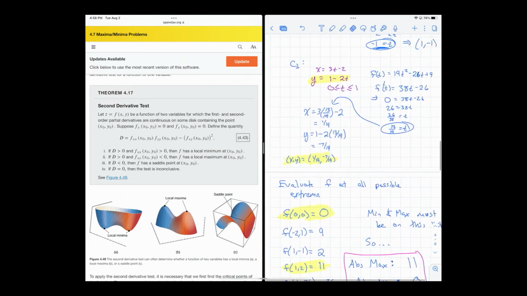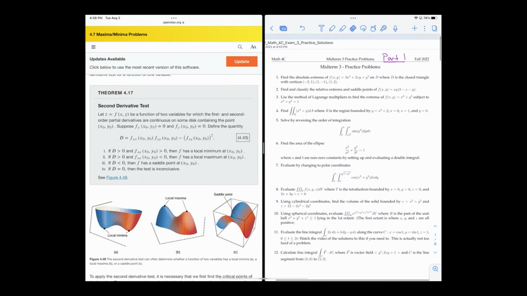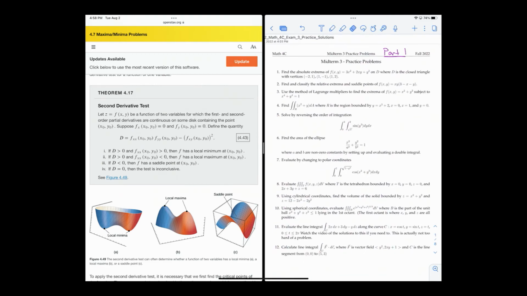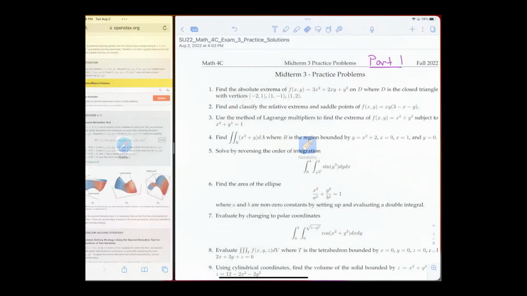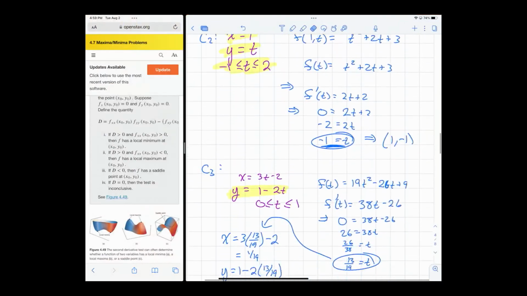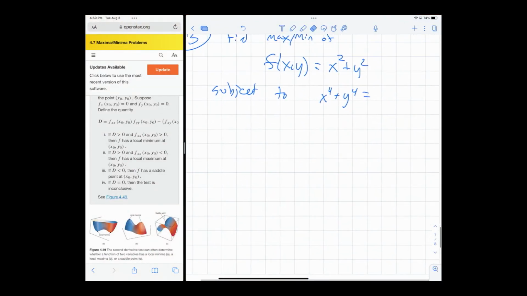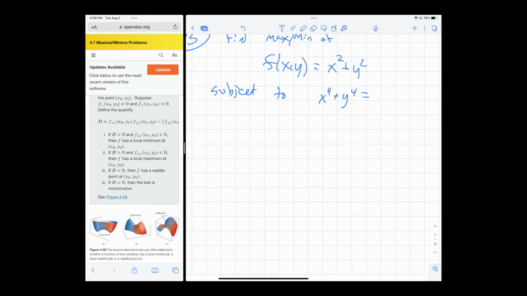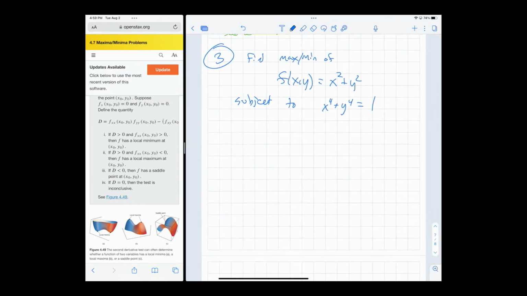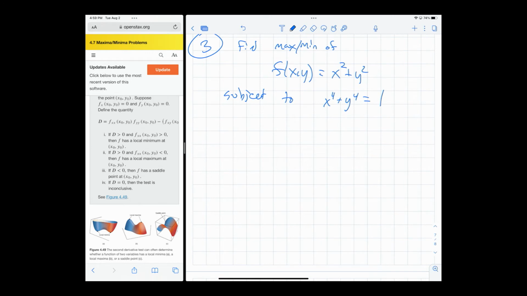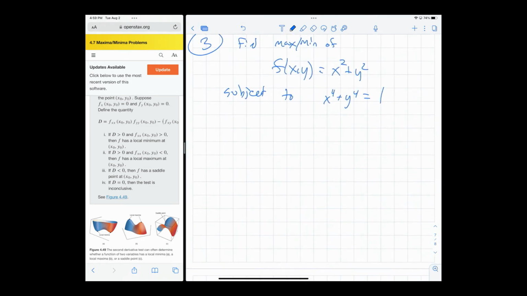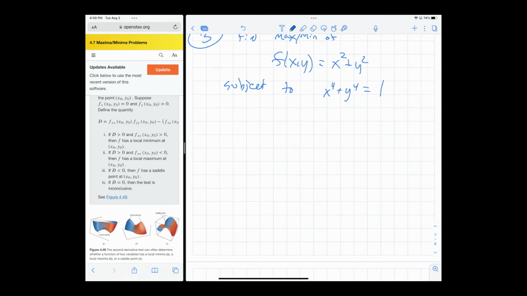Let me look. Equals 1. Okay. All right. So first of all, this is a very simple problem, really, and you don't need Lagrange multipliers. So we'll find the answer, but then we'll actually do it the way they say.